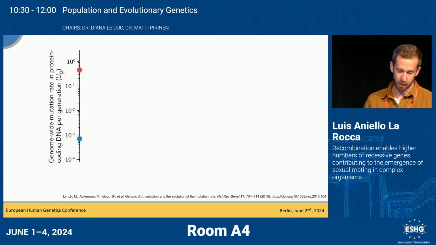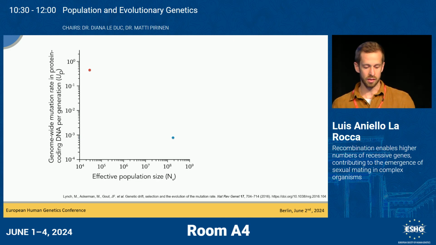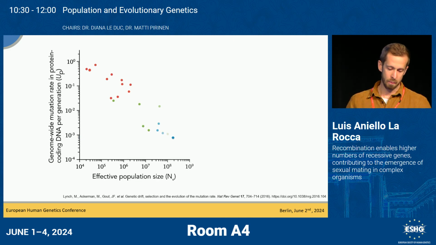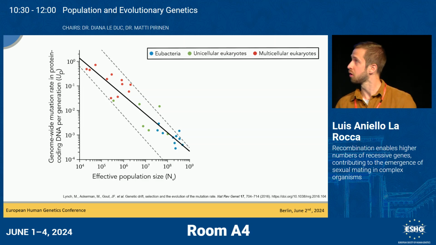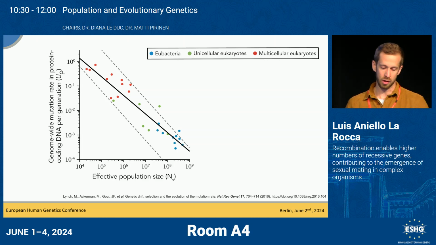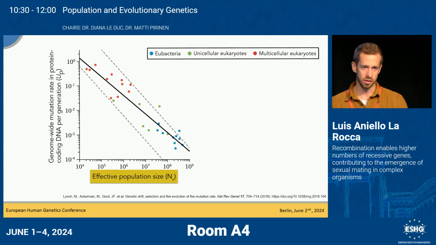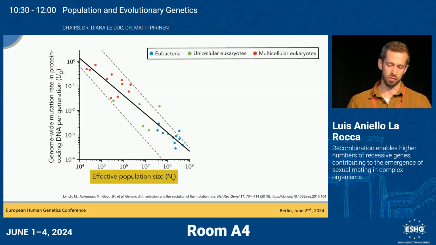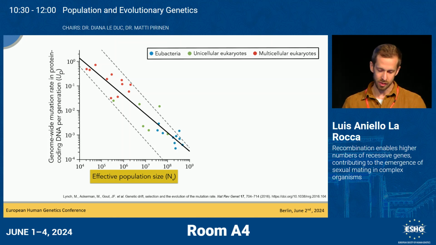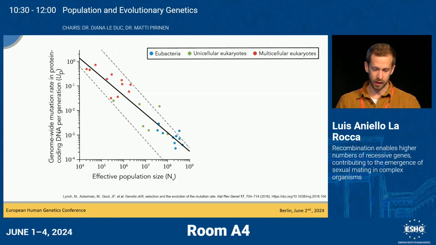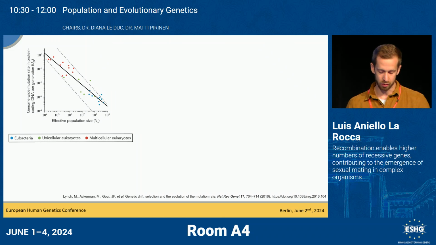Moreover, Michael Lynch and his co-authors found a negative correlation between the genome-wide mutation rate and the effective population size. So they could add this parameter of effective population size to the theory of mutation rate evolution, and they developed the drift barrier hypothesis.